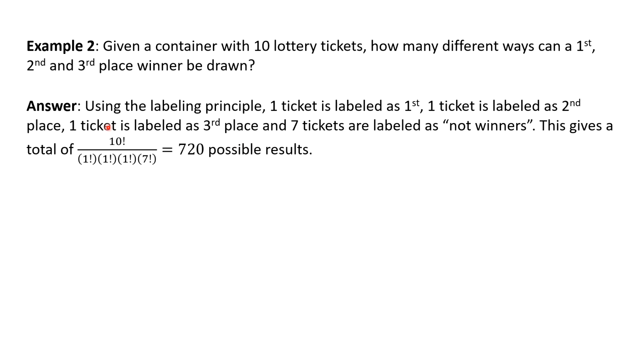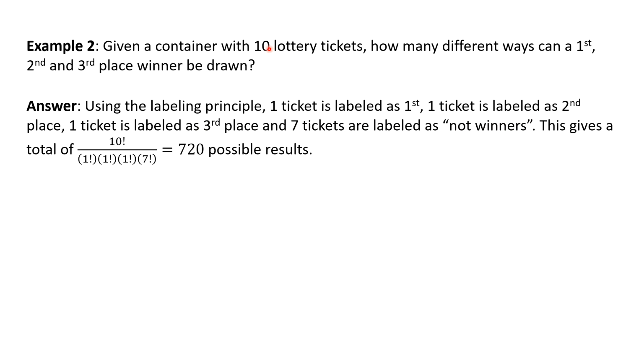Okay, so here's our answer. Using the labeling principle, one ticket is labeled as first, one ticket is labeled as second, we label the other ticket as third, and then 7 tickets are labeled as not winners.